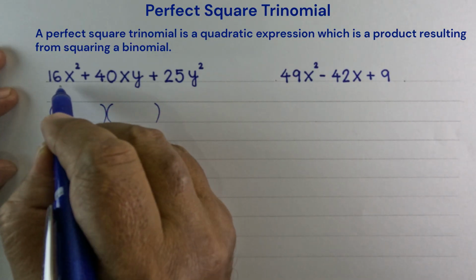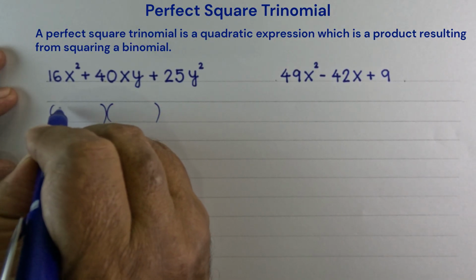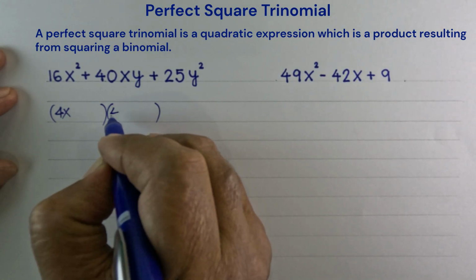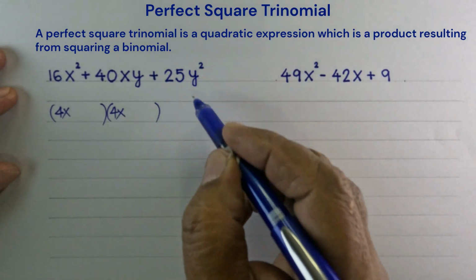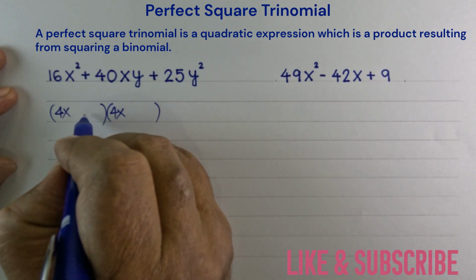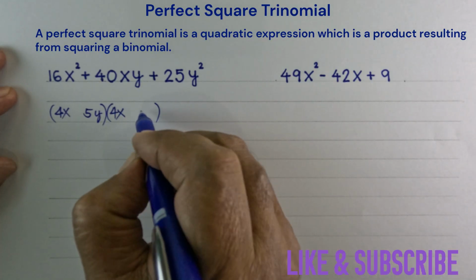The square root of 16x squared is 4x, so I'll write here 4x and 4x here. The square root of 25y squared is 5y, so I write here 5y and a 5y here.